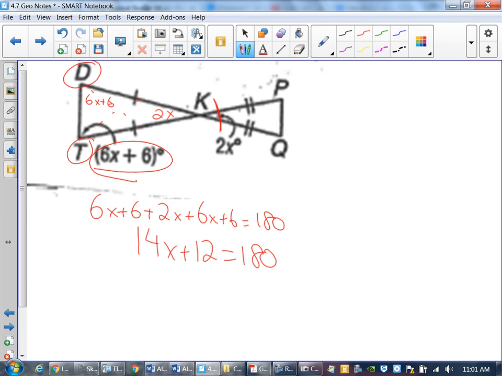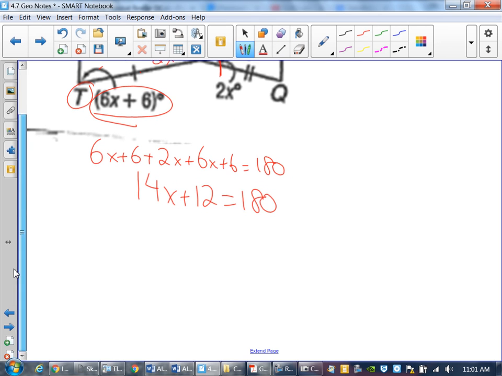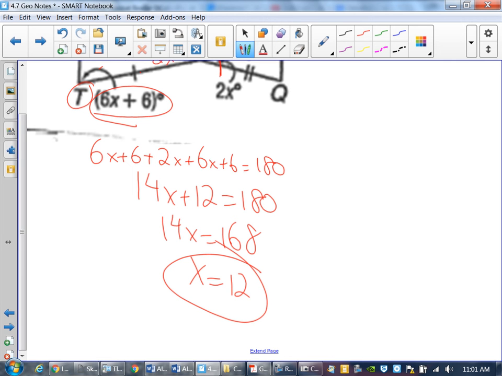And now you're at a very, very easy two-step equation. Subtract the 12, and divide by 14, and it's 12, isn't it? There you go. That's it.